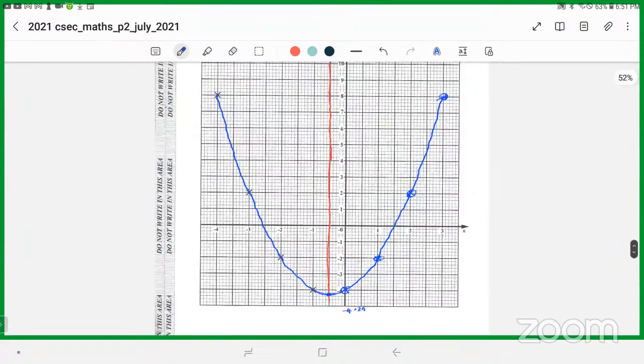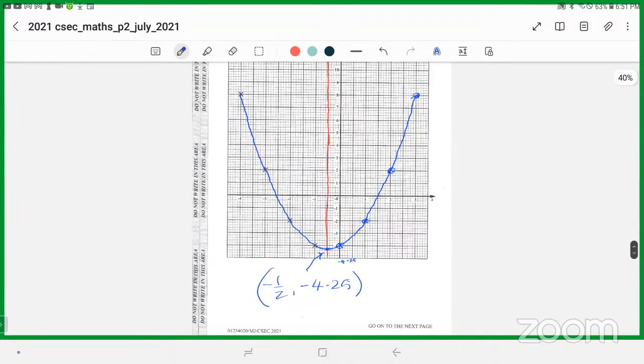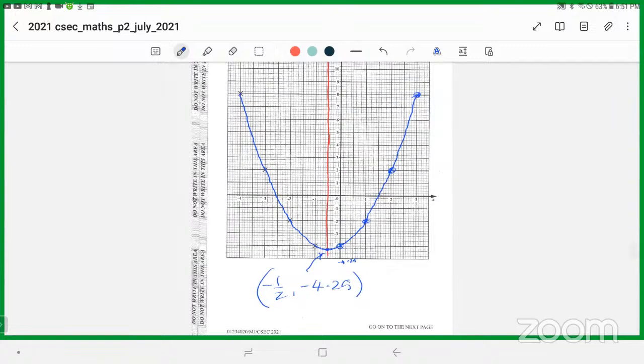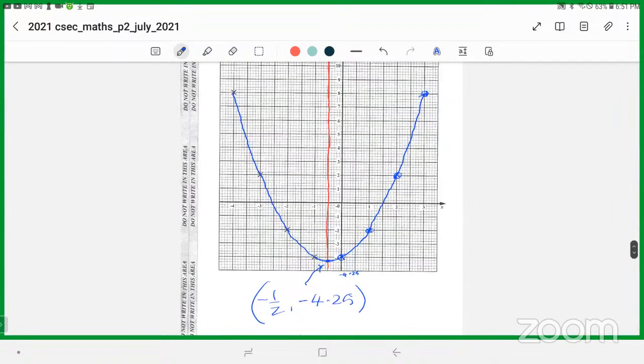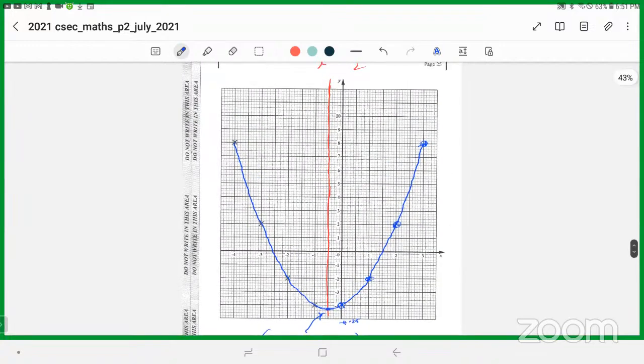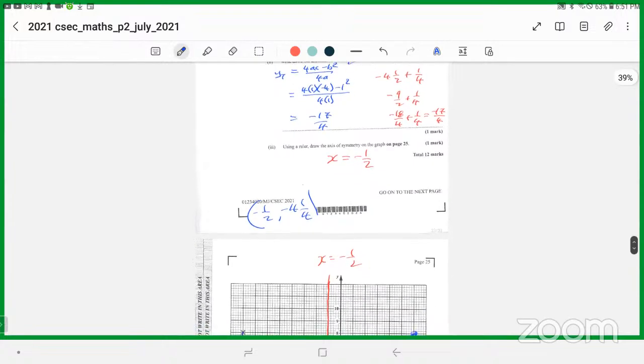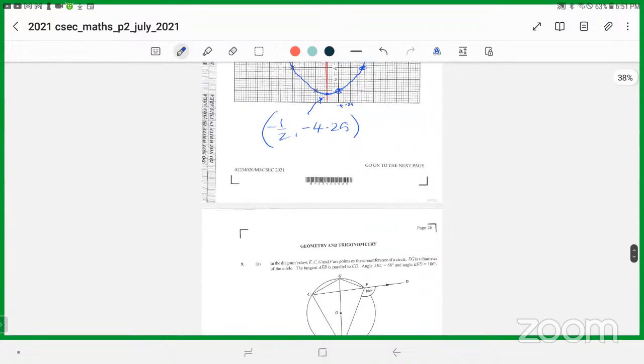Let me show you, identify this minimum point. It's minus a half, minus 4 1/4, same as minus 4.25. That's the minimum point. Your graph must come down to that minimum point. Otherwise, you're not going to get the full marks. All right? You're not going to get the full marks if you don't do that. All right. Next question. You can watch the video and see it more clearly. That question done? Yes. All right.